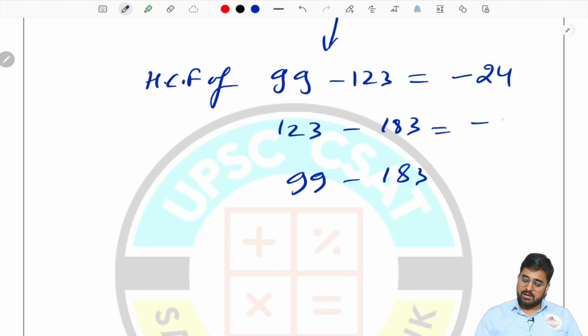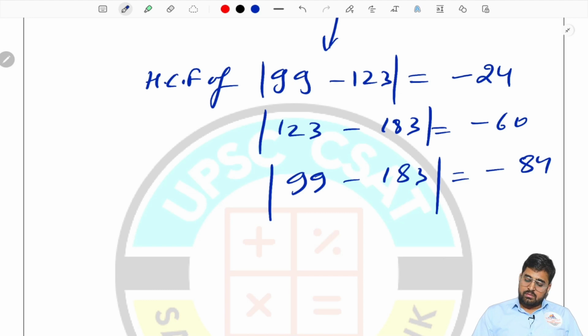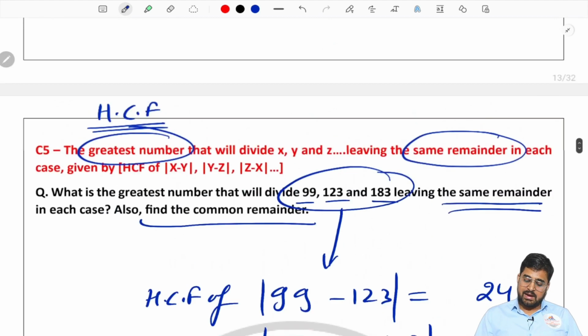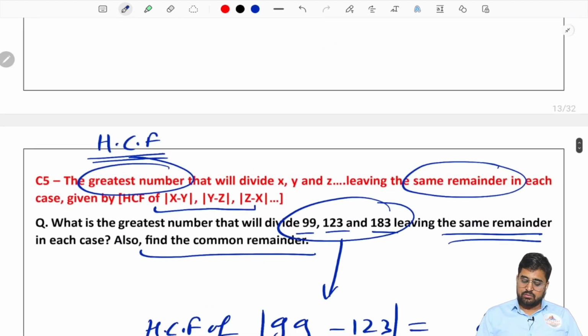In this case we have minus 60, and in this case we have minus 84. But when we put the modulus here, the negative sign will go. There is no impact of sign in the modulus itself. That is why they use the modulus here.